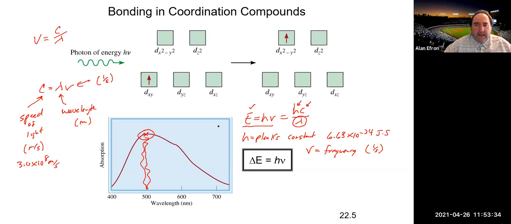So we could actually calculate this splitting and figure out how much energy per mole there is between the lower d orbitals and the higher d orbitals.